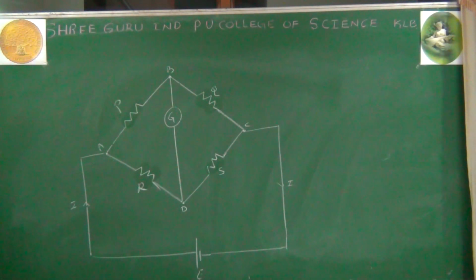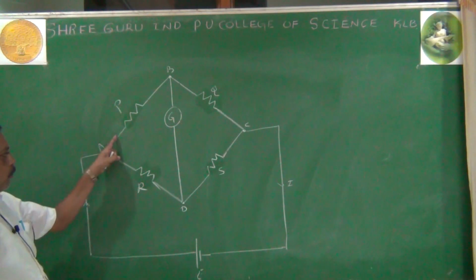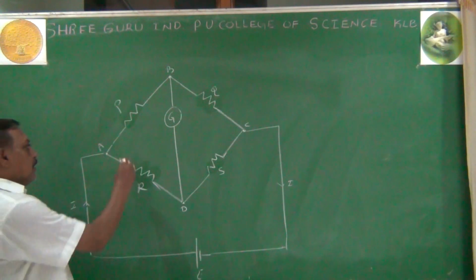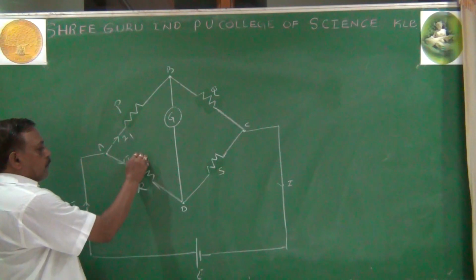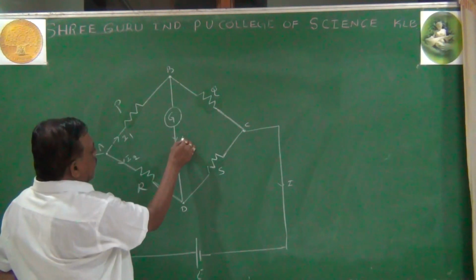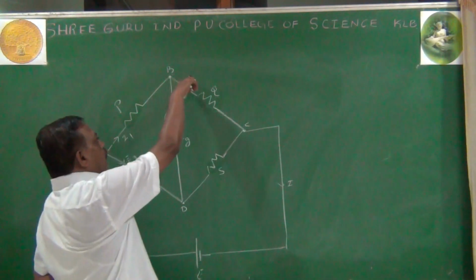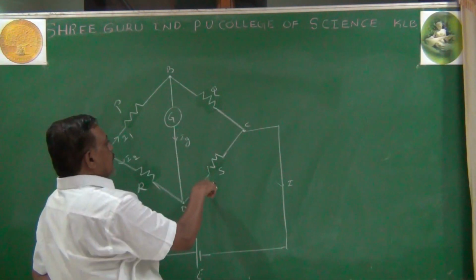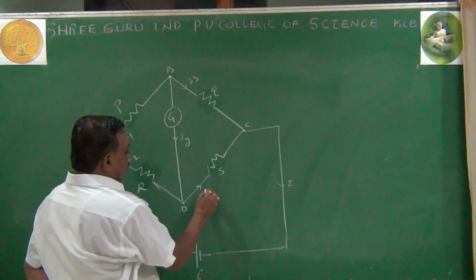When the current enters point A, or junction A, it has more than one path. It divides into I1 and I2. The current through the galvanometer is IG. The currents through Q and S, I call I3 and I4.